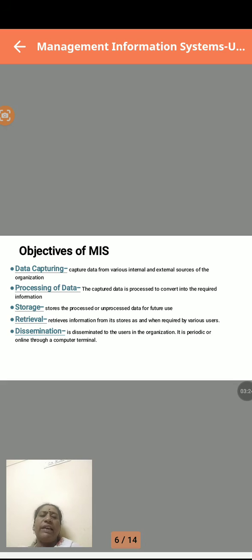And processing of data means whatever data we capture, we process and record in the information system. And storage means once we collect the data we have to store the data, so it may be processed or unprocessed data.